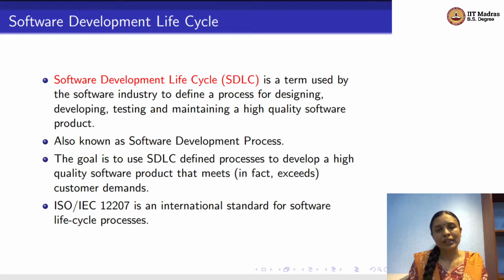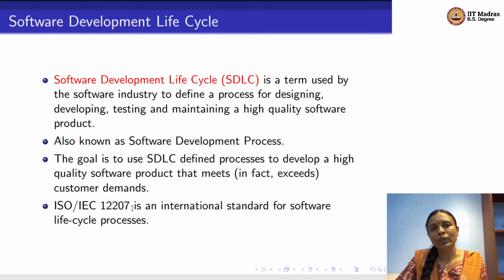The goal of an SDLC is to define processes or ways by which one would strive to develop a high quality software that will meet all the expectations from the customer. In fact, not only meet but exceed all the expectations from the customer. Like in all other industries, the software development lifecycle also has an ISO standard, and the ISO IEC standard 12207 is an international standard that defines software lifecycle processes.